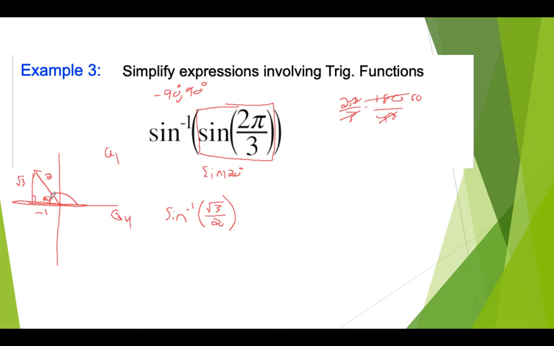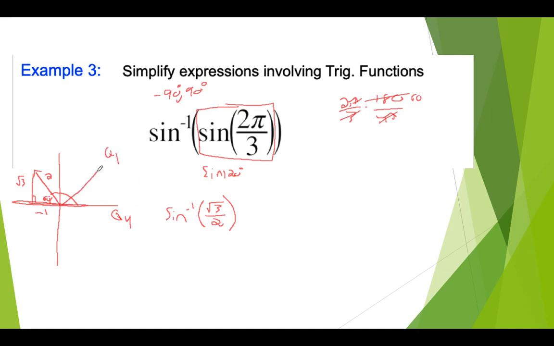Your 120-degree angle got you square root of 3 over 2, except that's not in our range. We plug our ratio back into the inverse, so it has to be in quadrant 1 because it's positive.